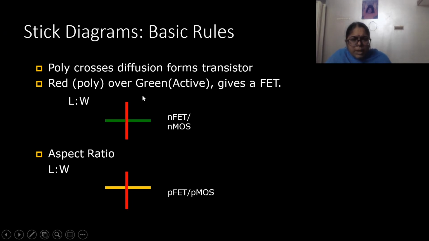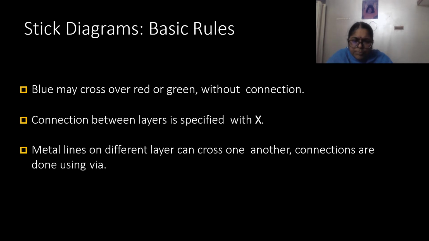Now we know that polysilicon, when it crosses the diffusion, forms a transistor, and every transistor will have its aspect ratio, which is the ratio of length and width. Blue, which indicates metal, may cross over red or green without connection.